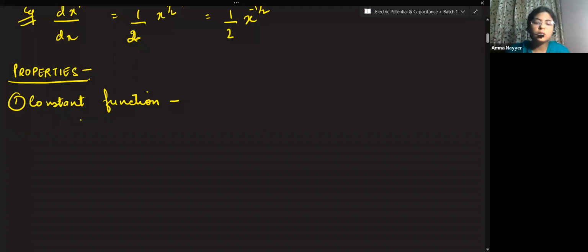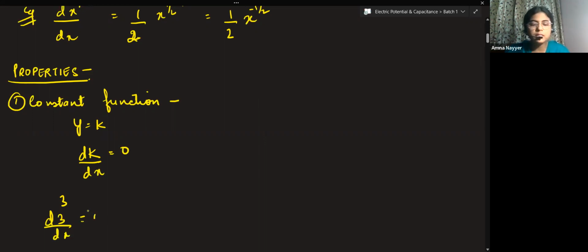If you have a constant, let's say y is equal to k, and you differentiate this y, the differentiation of this constant will be 0. Like if you have y is equal to 3, then d3 over dx will be 0. So if you have a constant, your differentiation will come out to be 0.